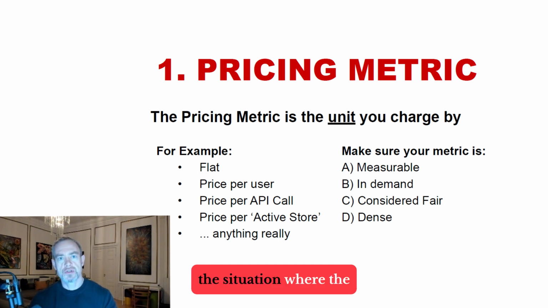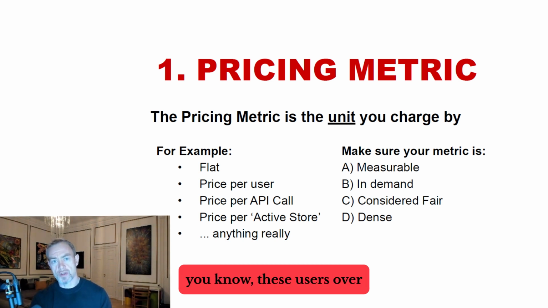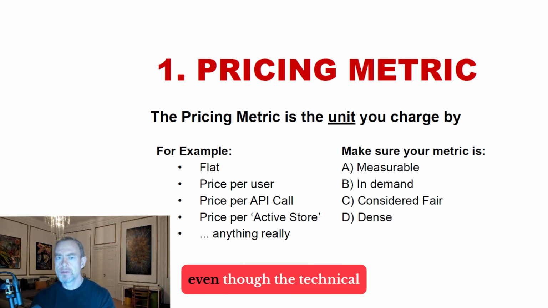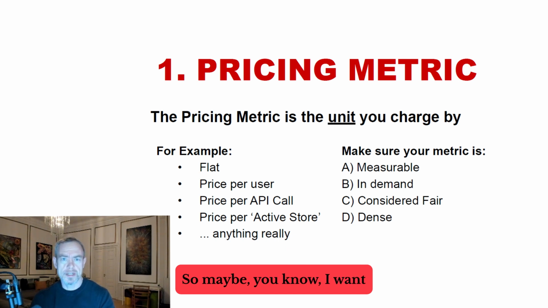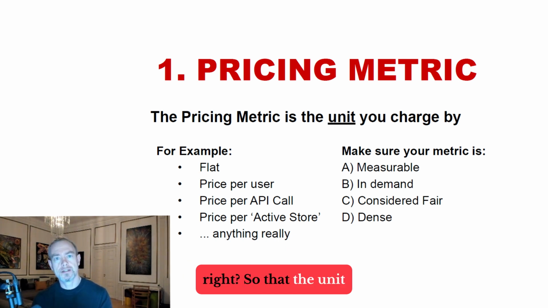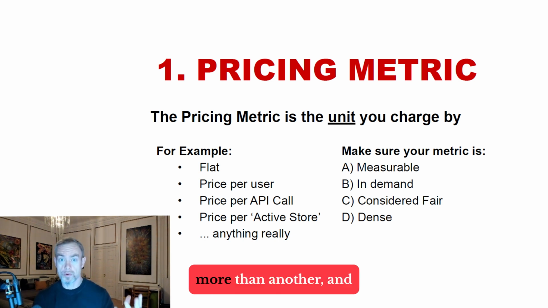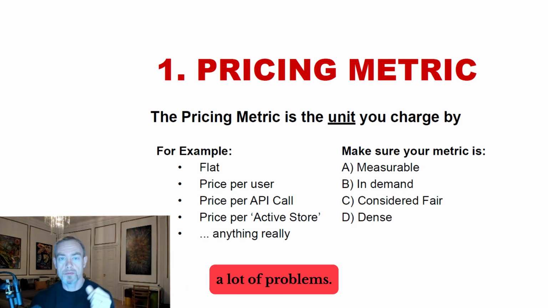Then you're going to have the situation where the customer's like, well, these users over here, I get why I would want to pay for them. That's fine. They're generating tons of value for me. But these users over here, even though they technically have a login, they're not really bringing a lot of value. So maybe I want a discount or something, right? So the unit isn't very dense because one user is worth a lot more than another. And that's going to give you a lot of problems.